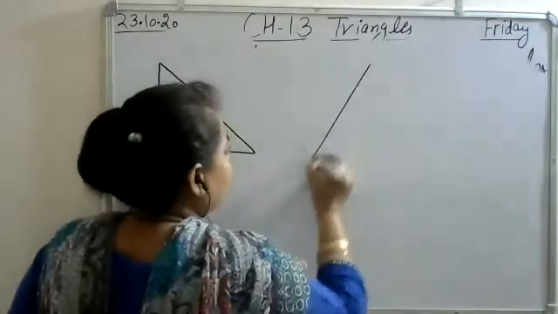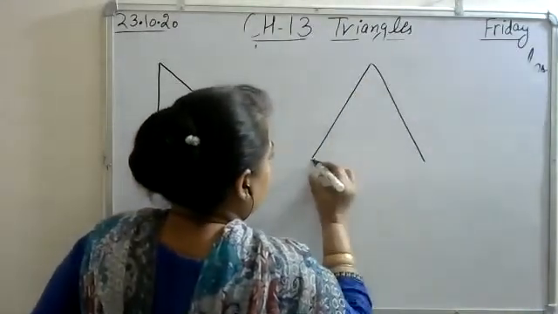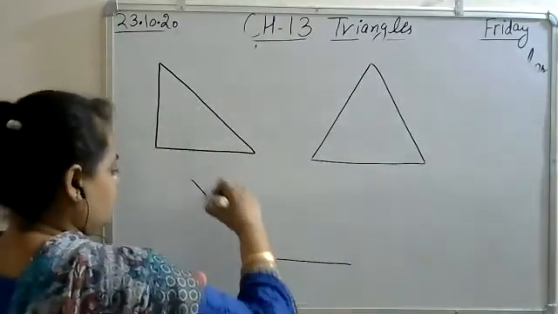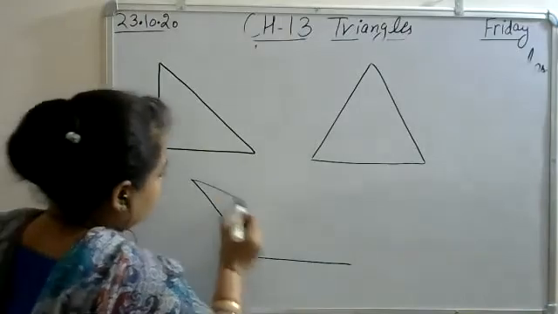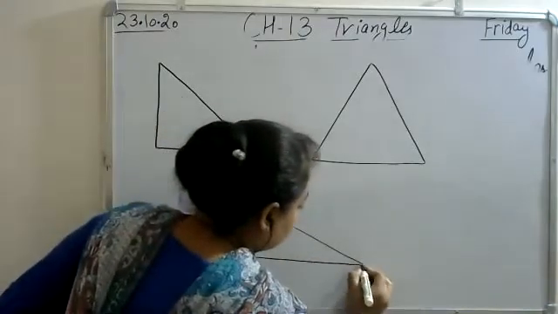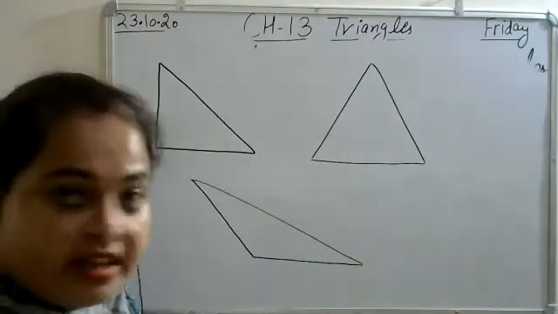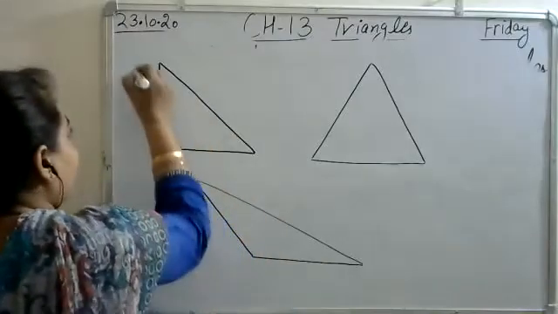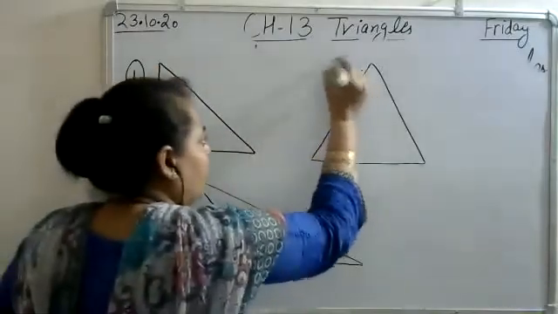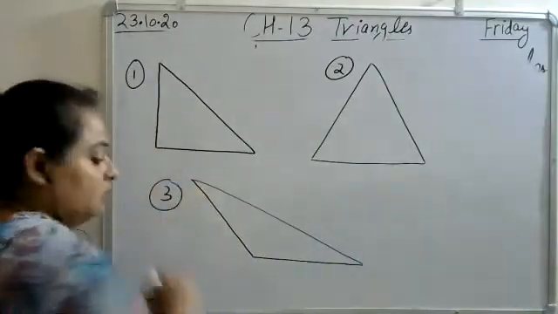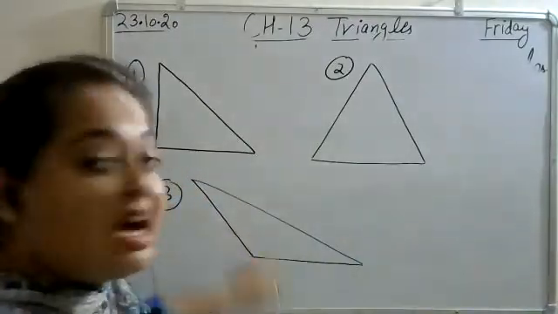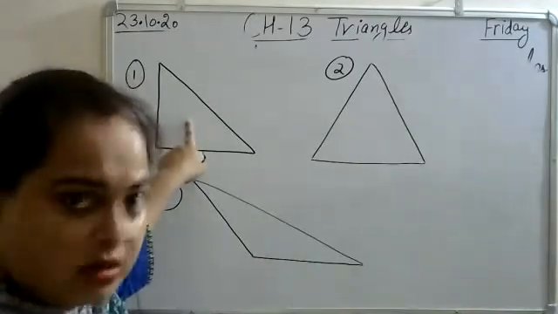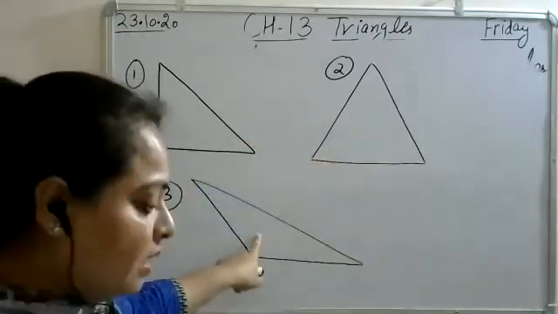Second diagram is like this. And the third diagram is like this. My question is, what is the name of the first triangle, second triangle, and third triangle? Tell me the name of triangle number 1, triangle number 2, and triangle number 3.